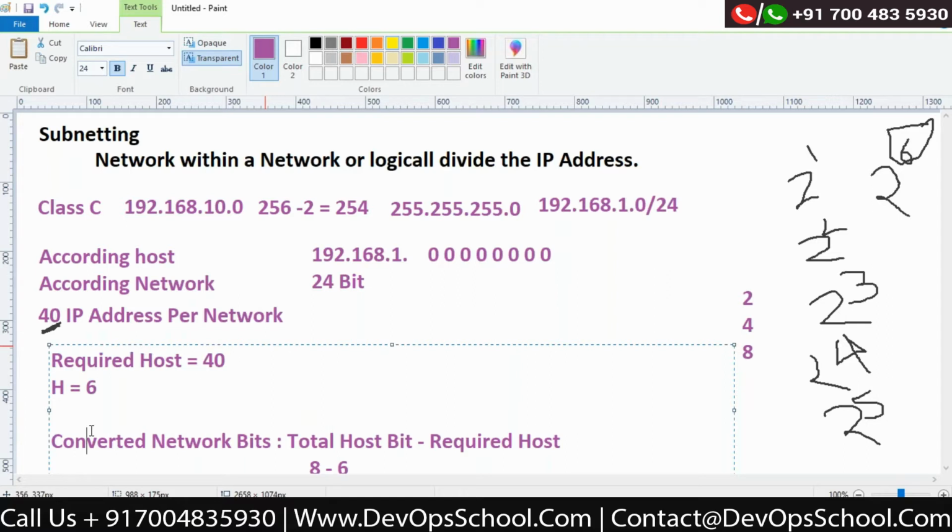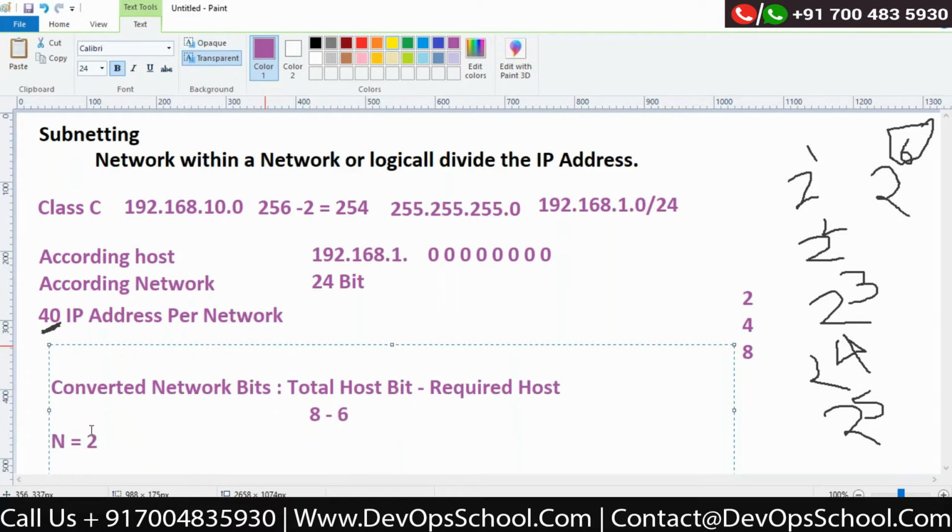Now I would like to find out how many hosts I can get if I go to 2 raised to 6, and how many network bits I can get. Network bits means the total host bits which you have minus what you require. How many host bits do I have? Only 8. And how many actual host bits do I require? Only 6.